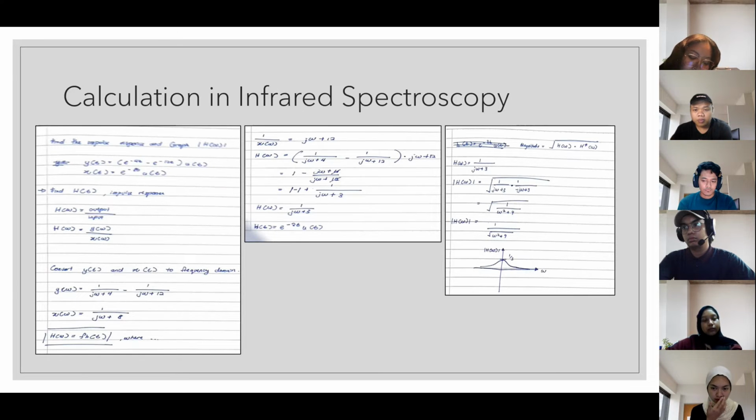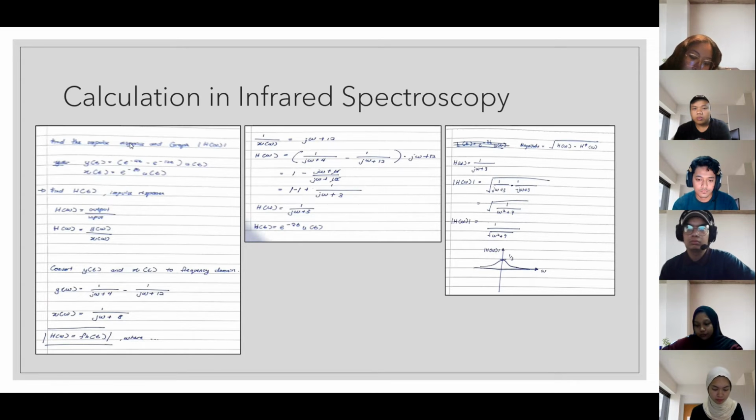And then we want to create a graph of the spectrum. By the formula of magnitude, which is equal to the square root of H(omega) times H conjugate of omega. H(omega), as we can see from the first few steps, is equal to 1 over j omega plus 3. So the modulus of H(omega) is equal to the square root of 1 over j omega plus 3 multiplied by 1 over the conjugate of j omega plus 3.